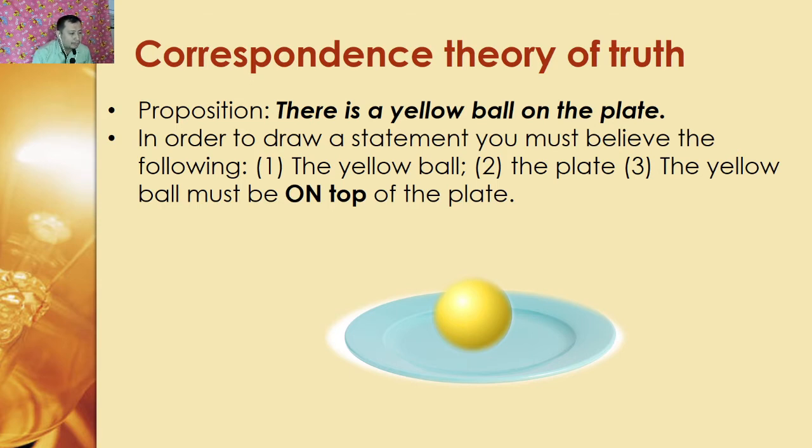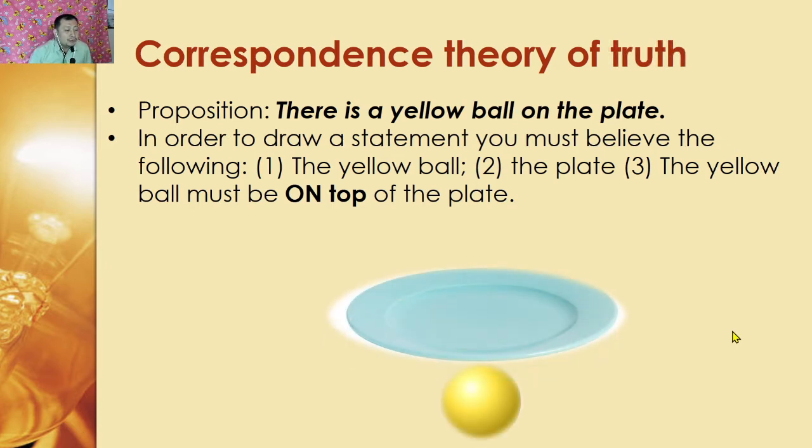Third, the yellow ball must be on top of the plate. So if we investigate the statement, if the statement is indeed true, there is a yellow ball on the plate, and indeed, as what we see here, there is a yellow ball on the plate, then the statement is true based on the correspondence theory of truth, that the statement corresponds with reality.